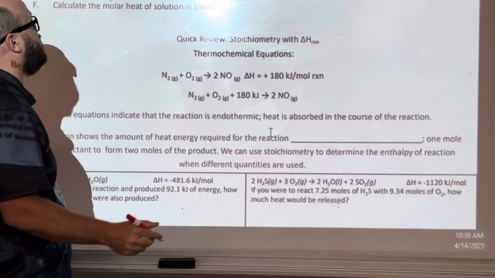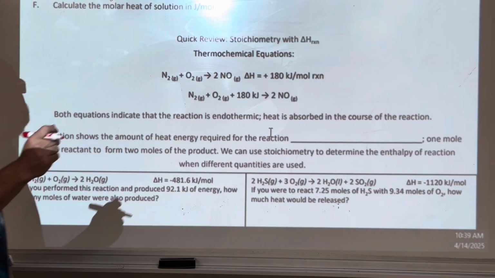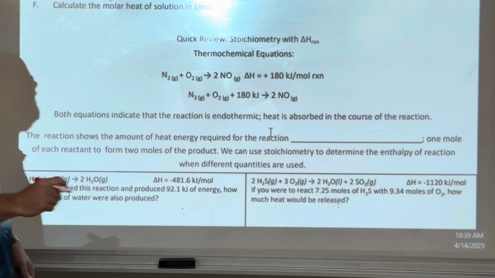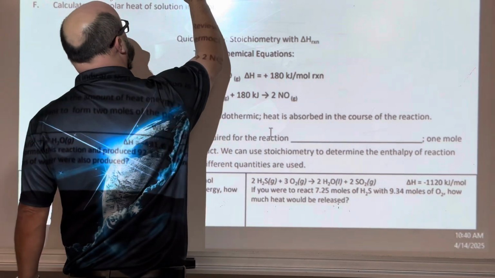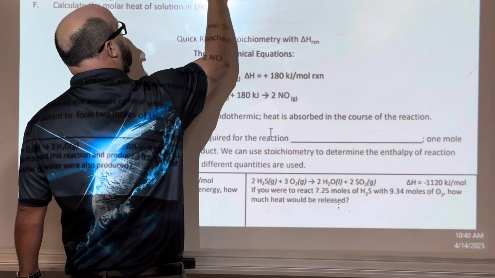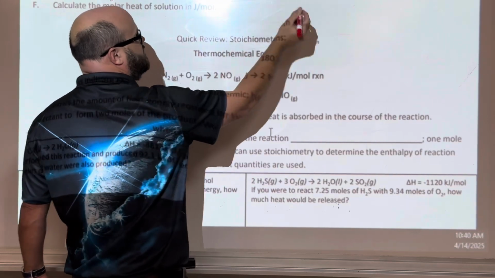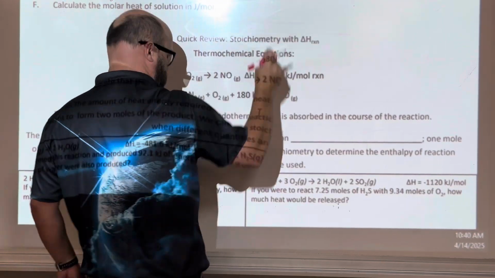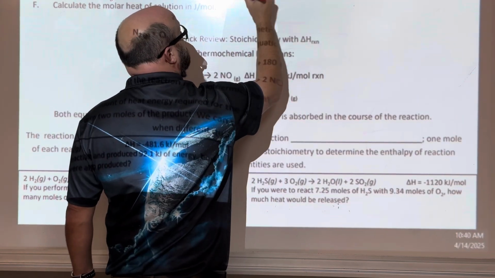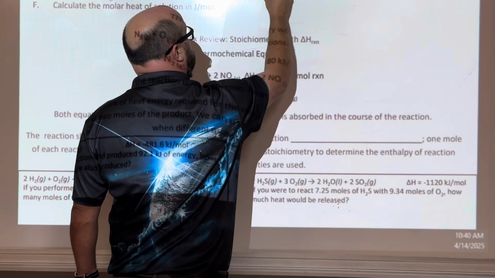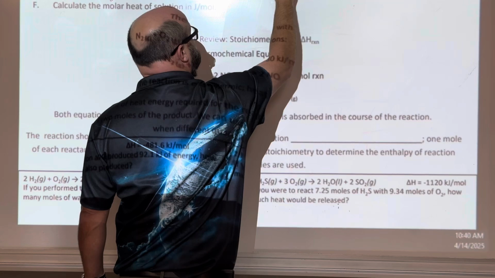CaCl2. Now to get moles, we got to go way back to first year stoichiometry, gram to mole conversion. It gives us the molar mass. We don't even have to calculate it. So 4.97 grams of CaCl2 over 1 gram on the bottom. That's not how you write it: 110.98 grams of CaCl2 for 1 mole of CaCl2.